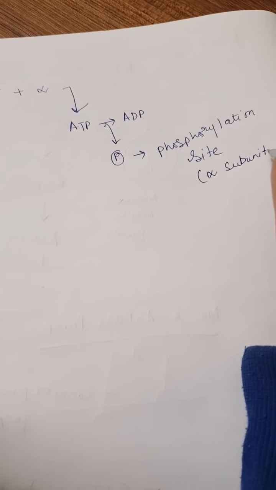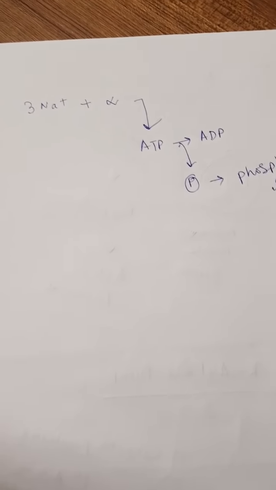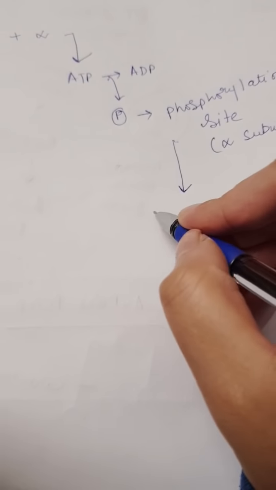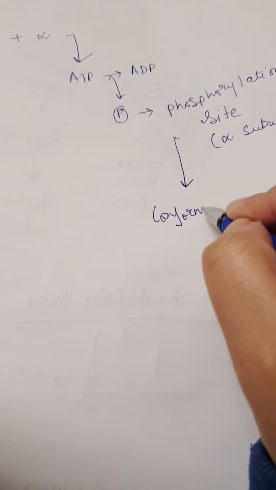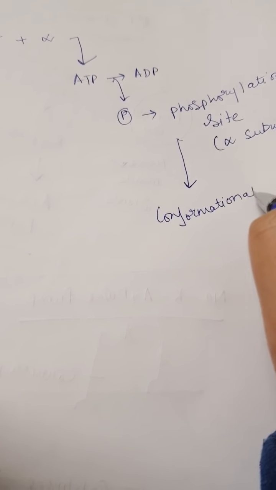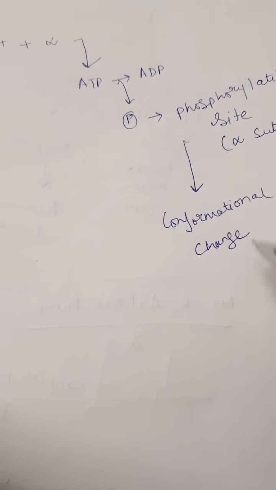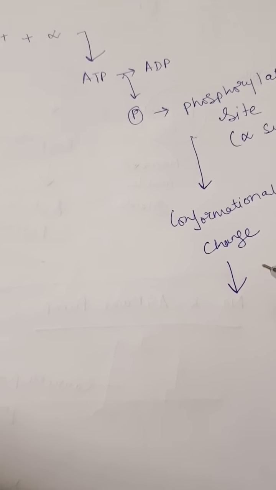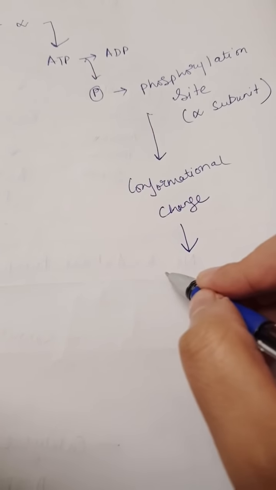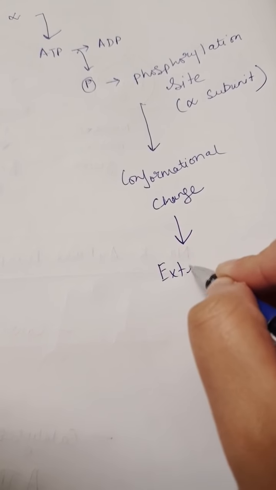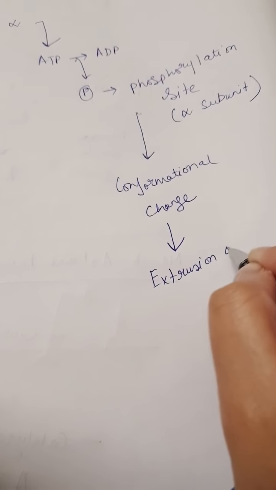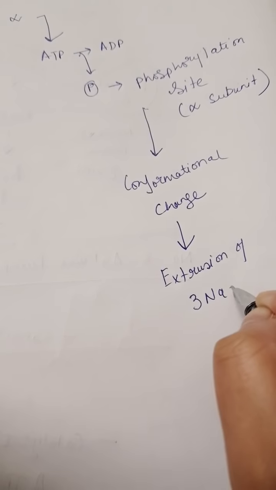Okay. Now due to this phosphate binding, this causes a conformational change in the alpha subunit and this results in extrusion of 3 sodium.